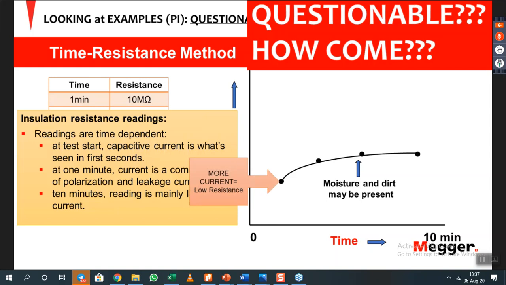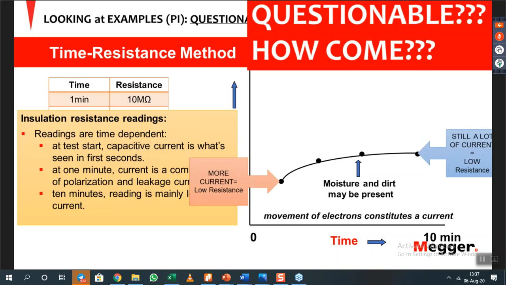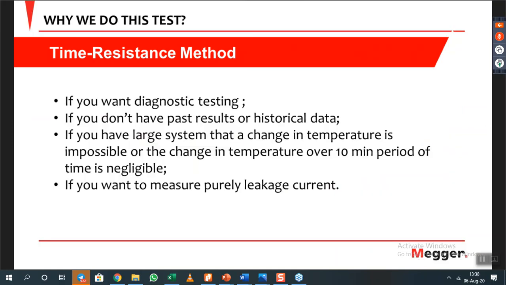That's why I still got a low resistance reading after 10 minutes. That's why this example here or this graph here will show that my insulation is questionable. Okay? So meaning I got more current, and when I have movement of electron, that constitutes a current. So if you have moisture, you have a lot of movement of electrons.